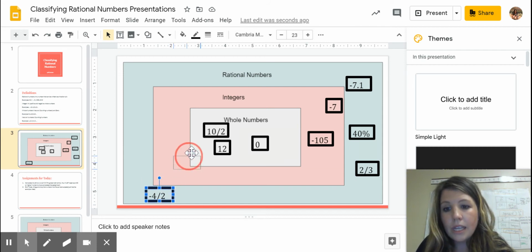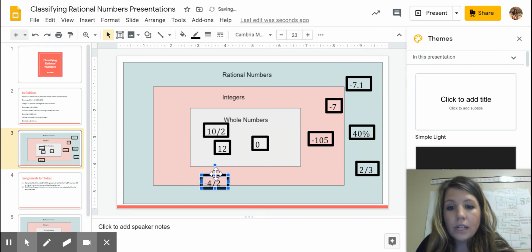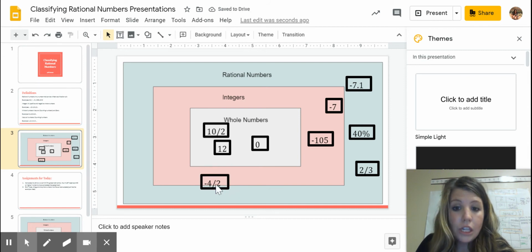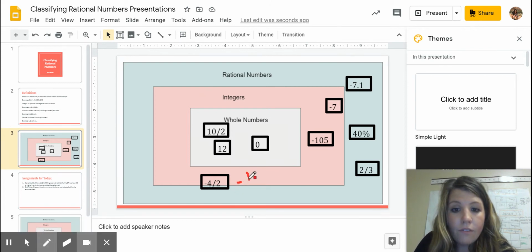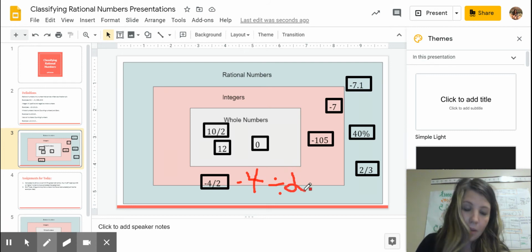And then this last one here, -4 divided by 2. So my top number is, in fact, bigger than my bottom one. And if I write that out, -4 divided by 2. Okay, if y'all remember, a negative divided by a positive is a negative. So that's actually -2.